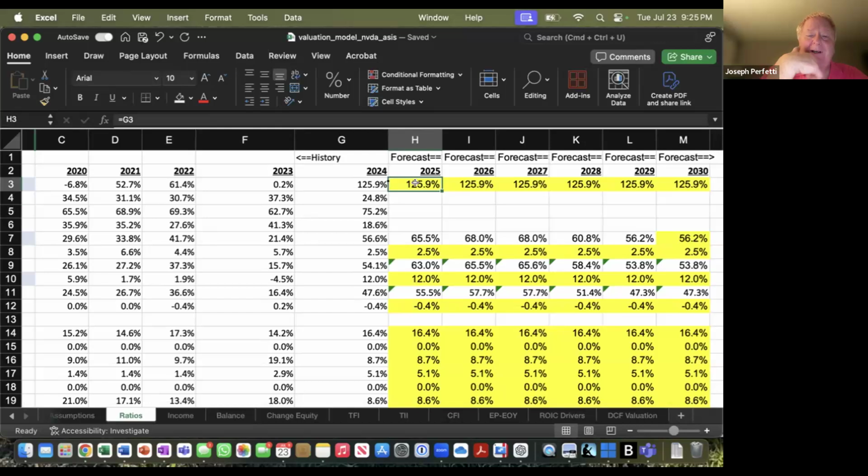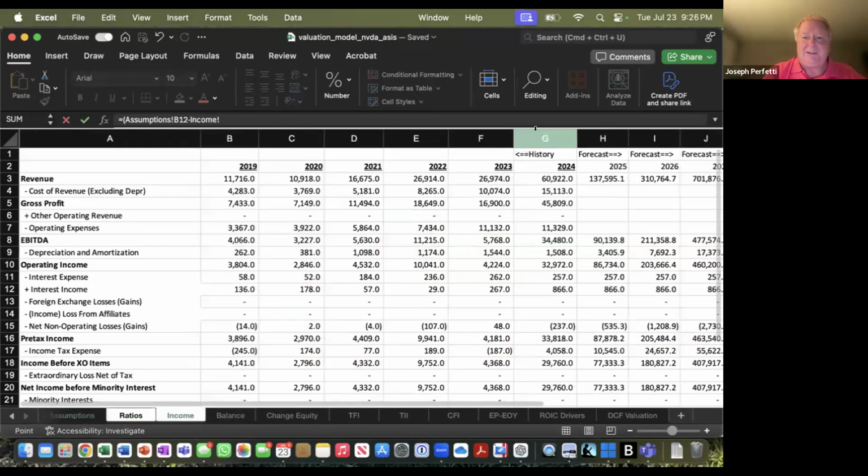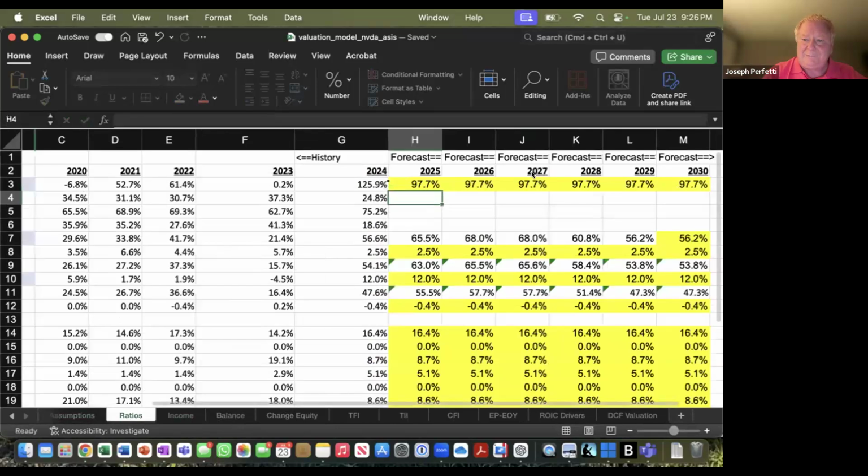So for 2025 revenue, percentage change equals left paren, current year revenue, 2025, is assumptions B12 minus the previous year's revenue, income G3, divided by last year's revenue, income G3.